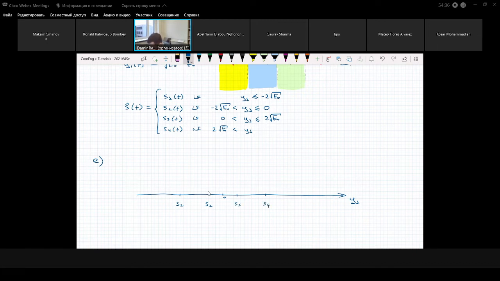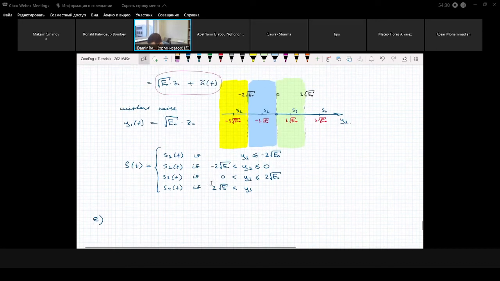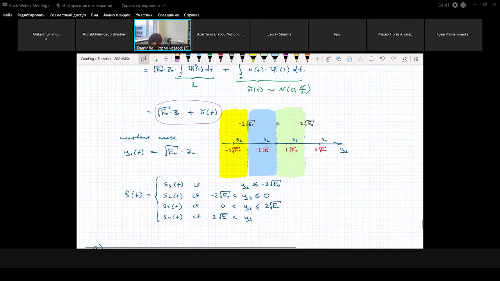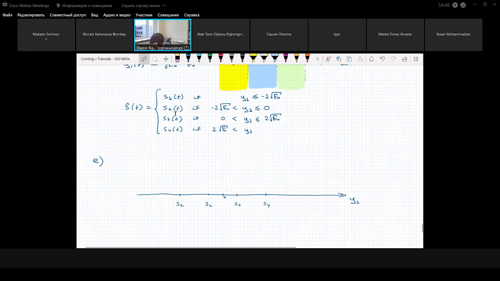So let's try to understand what voltage we get without any noise. If we substitute instead of Z0 -3, -1, 1, and 3, we get the corresponding voltages, or whatever units you will use for transmission to describe the received signal. So we get -3 square root of E0, -1 square root of E0, 1 times square root of E0, and 3 times square root of E0.